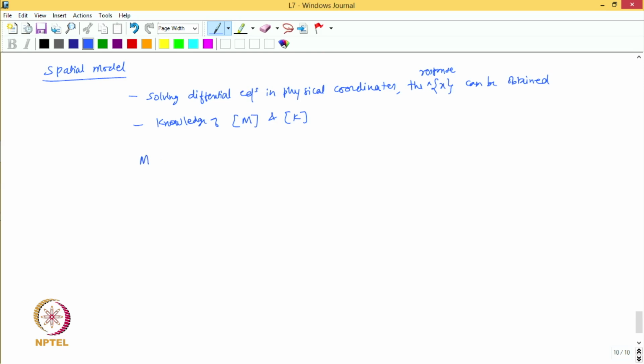So, M and K together make up what is called the spatial model of the undamped system.